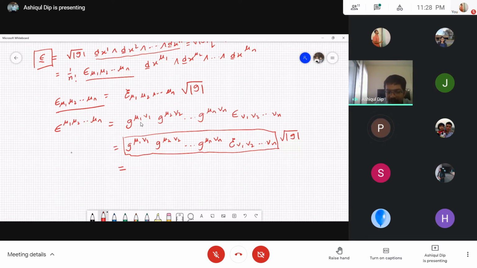So E mu1, mu2 up to mu n, then the determinant of g. Which object are you taking the determinant of? Remember, these are g upper, that's the inverse. Yes, it is the determinant of the inverse matrix, right? Let's call it g bar. The determinant of the inverse matrix.